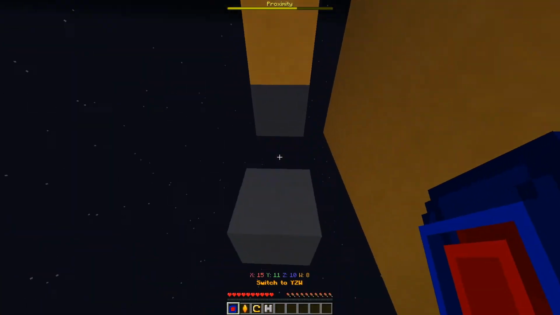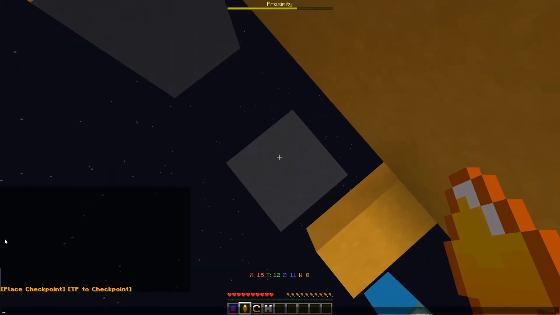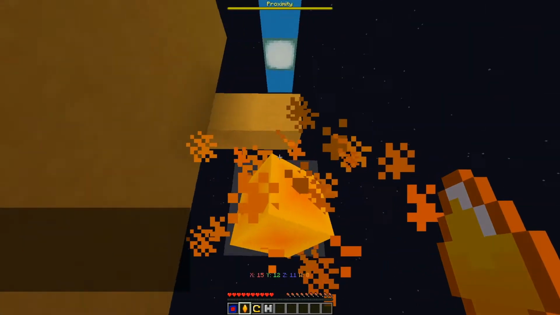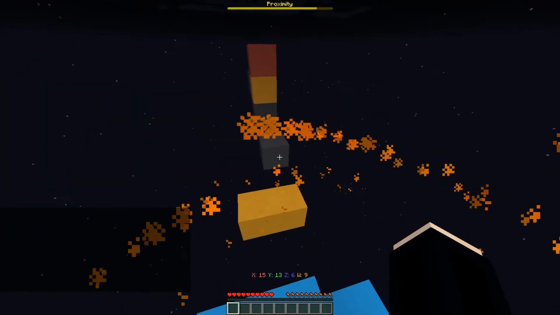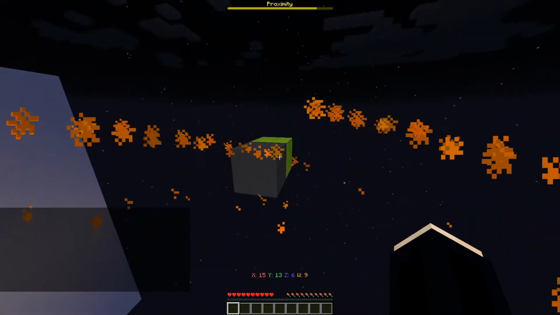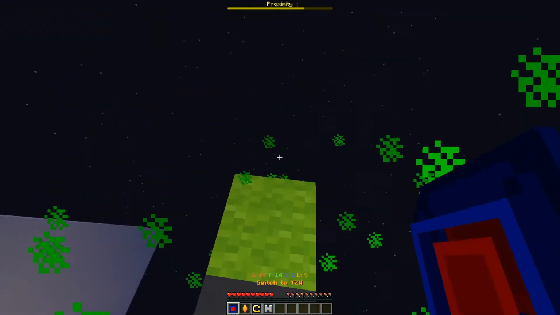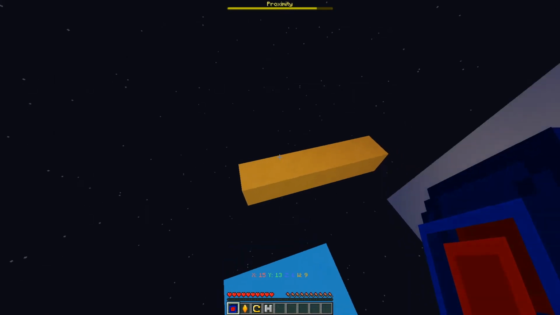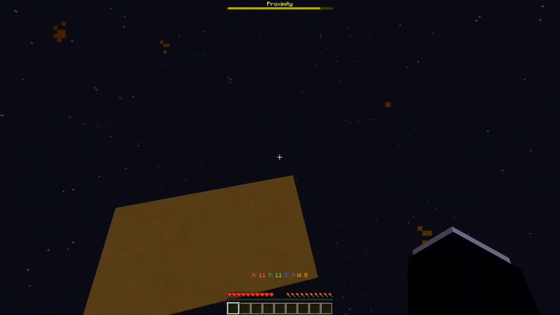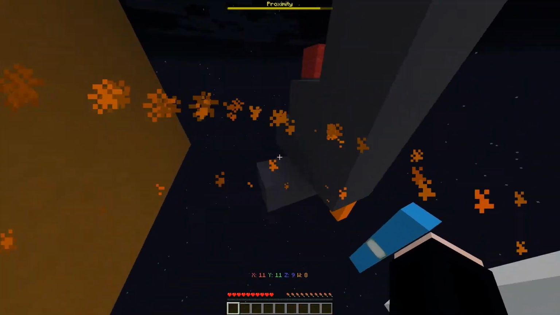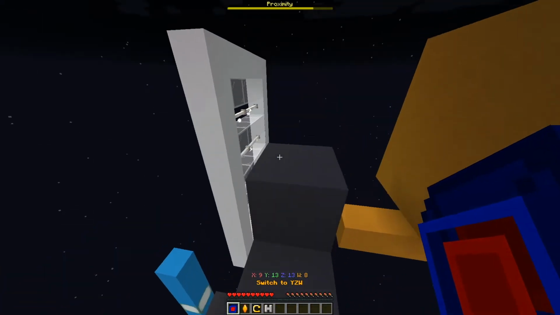I feel like I have to set the checkpoint here. It's probably a good idea to do that. That'll activate something. Ow. I'll be able to go up here.